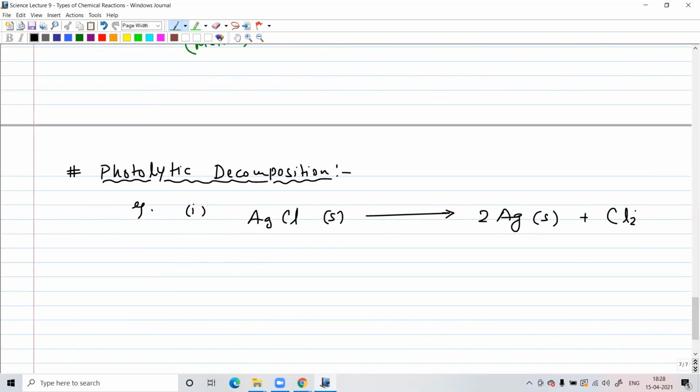Silver, yes. Ag is silver. Silver chloride, sir. Yes, very good. It's silver chloride. Normally this is white in color.